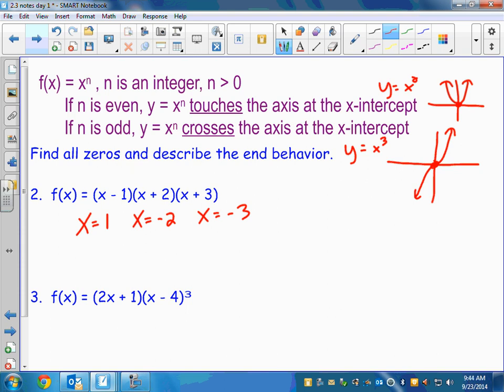But there's nothing on there, which means it's the power of 1, right? Is 1 even or odd? Odd, which means I can tell you that all 3 of these zeros are going to cross the x-axis. So sometimes the directions will say, tell whether each 0 touches or crosses. This doesn't say, but I'm going to go ahead and say that all of these cross the x-axis.